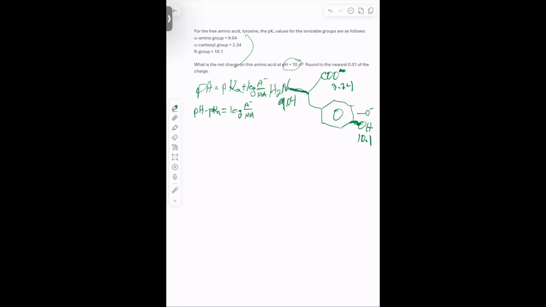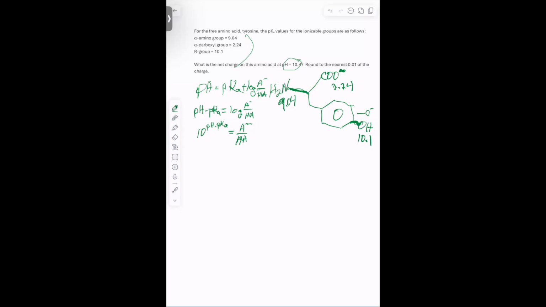And then I can take 10 to the pH minus pKa, and that equals A minus over HA. What this allows me to do is a little bit of math to come up with some ratios.